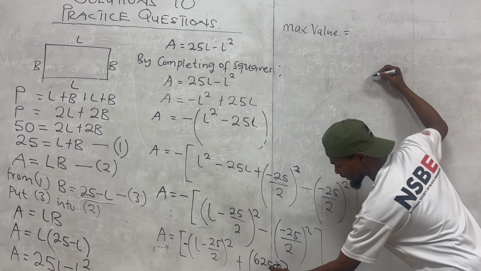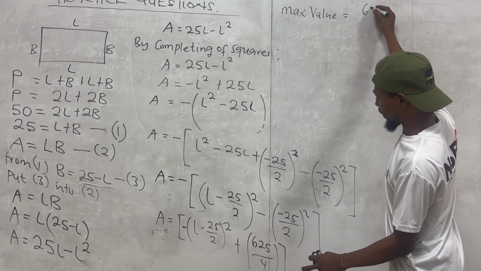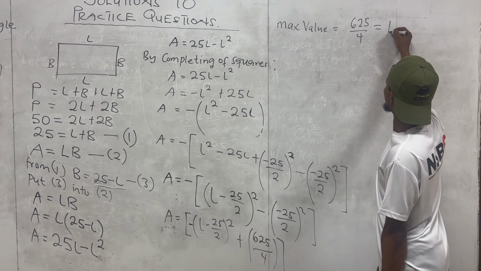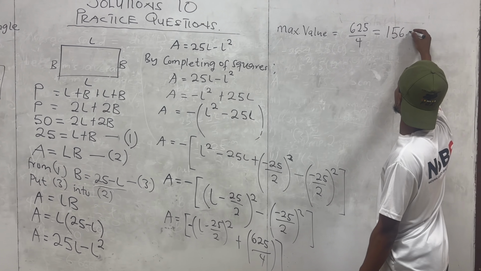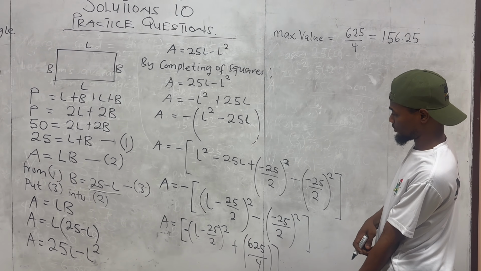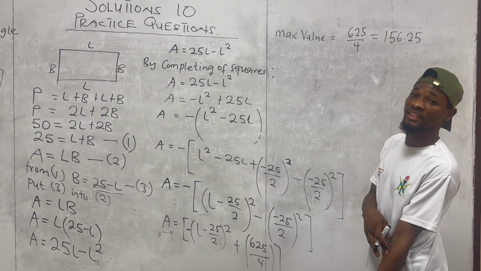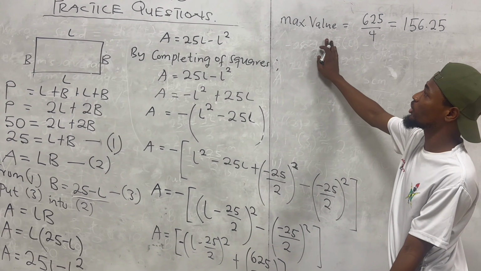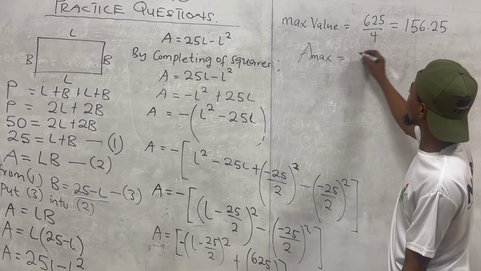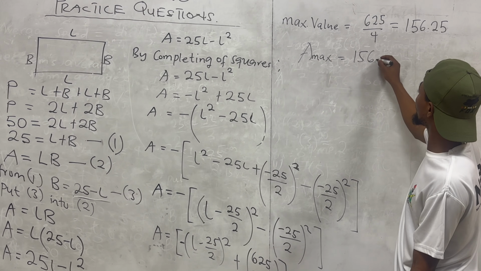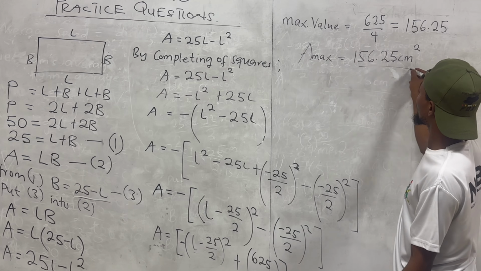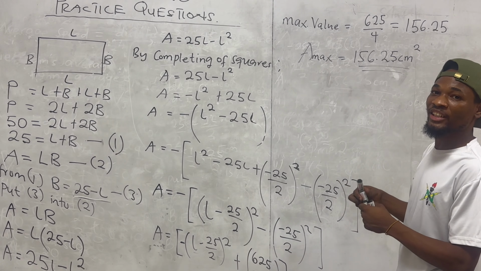We take 625 all over 4, which is equal to 156.25, because it is representing area, the maximum area. So here, our maximum area, A max, becomes 156.25 centimeter squared.